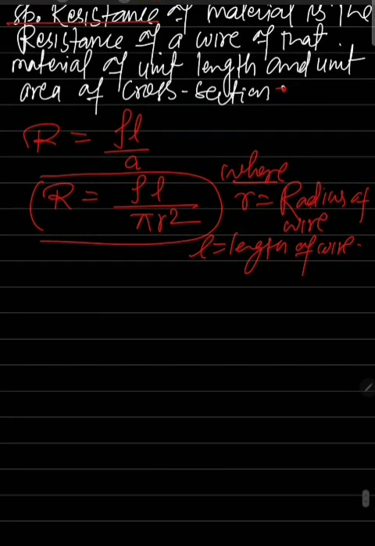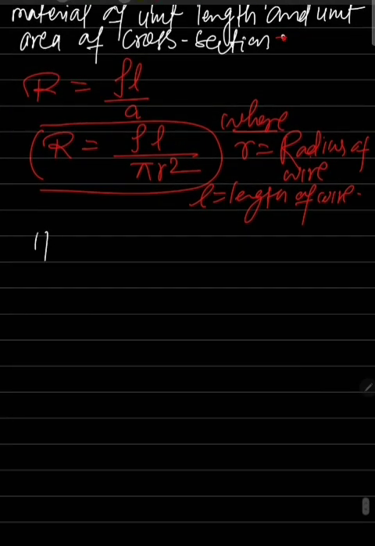Through this expression we notice one thing: R is equal to rho L by pi r square.